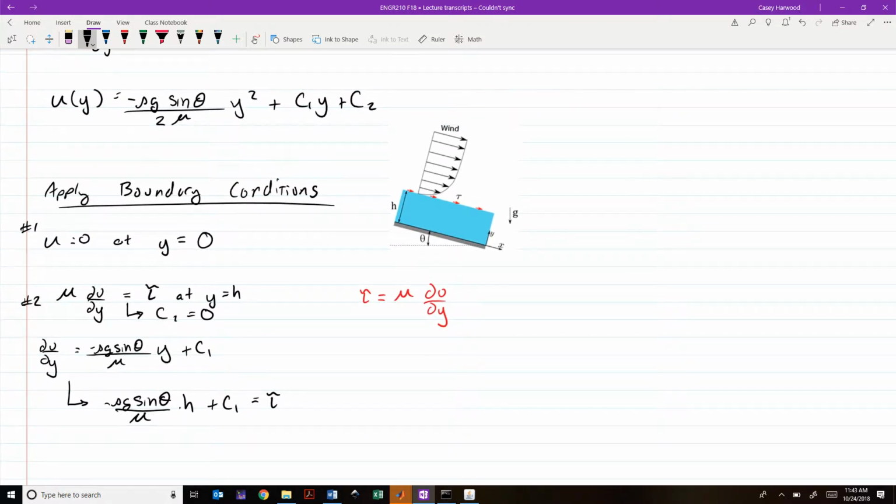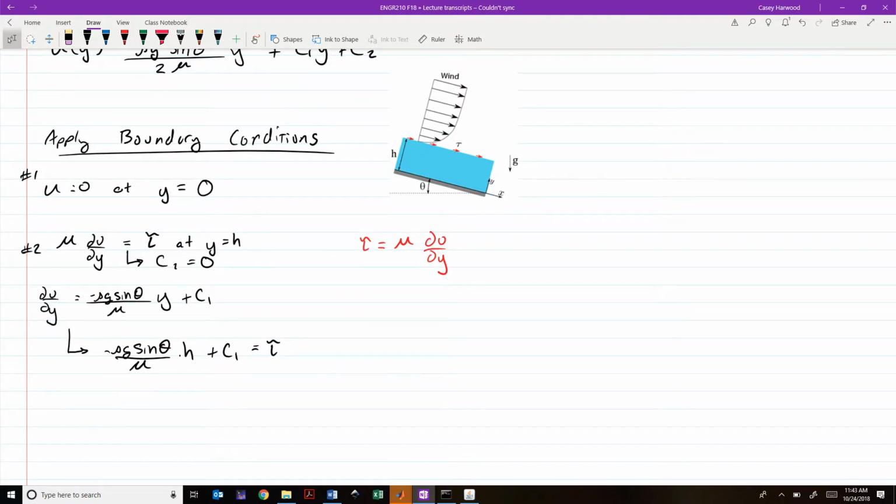But this is another one of those very few problems that we can actually fully solve the Navier-Stokes equations for, because if we plug in our values of C1 and C2, we end up with u of y equal to rho g sine theta over mu times (h y minus y squared over 2) plus tau over mu x.